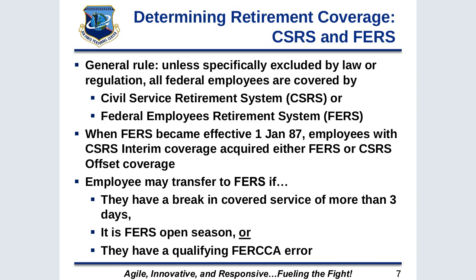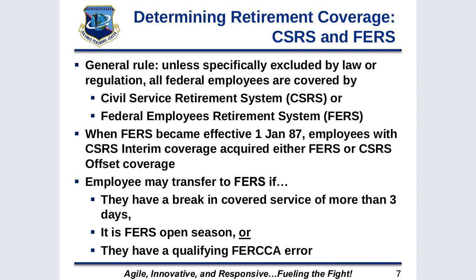CSRS was created 1 August of 1920 until officially closed on 31 December 1983. Social Security tax did not exist during this time. While the government was working on a new retirement system, the CSRS interim coverage was implemented from 1 January 1984 until 31 December 1986.